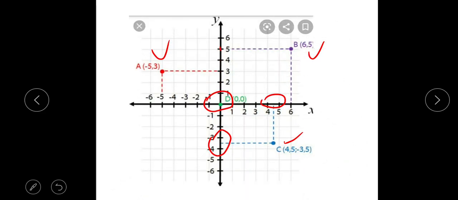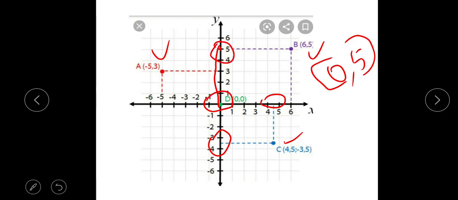E (0, 5) means what? It means the x coordinate is 0, the y coordinate is 5. X coordinate 0 means 0 on the x-axis, that is the origin here, and 5 on the y-axis. So we draw from 0 on the x-axis. So this is the point.